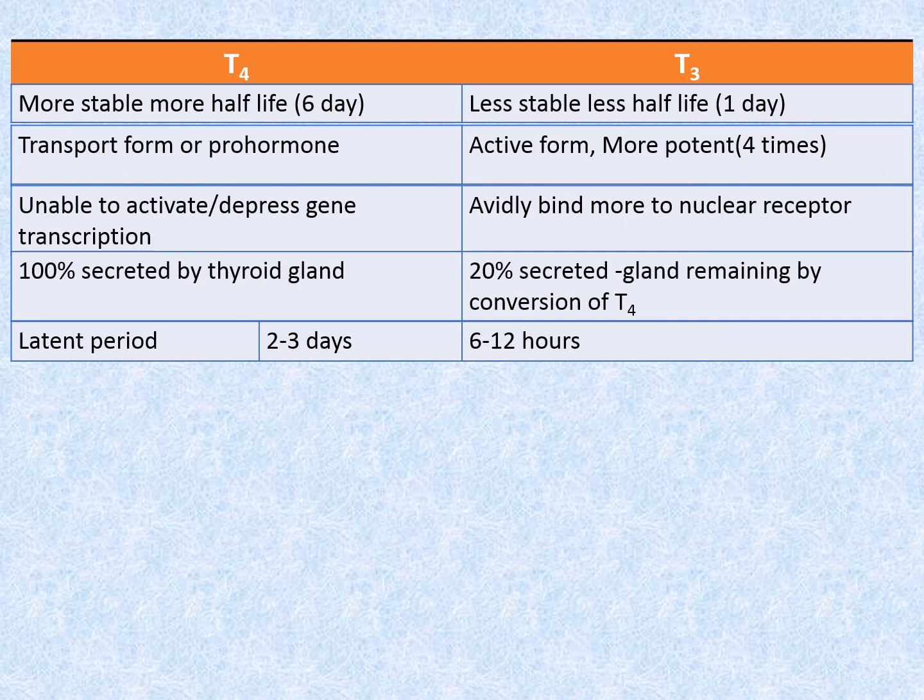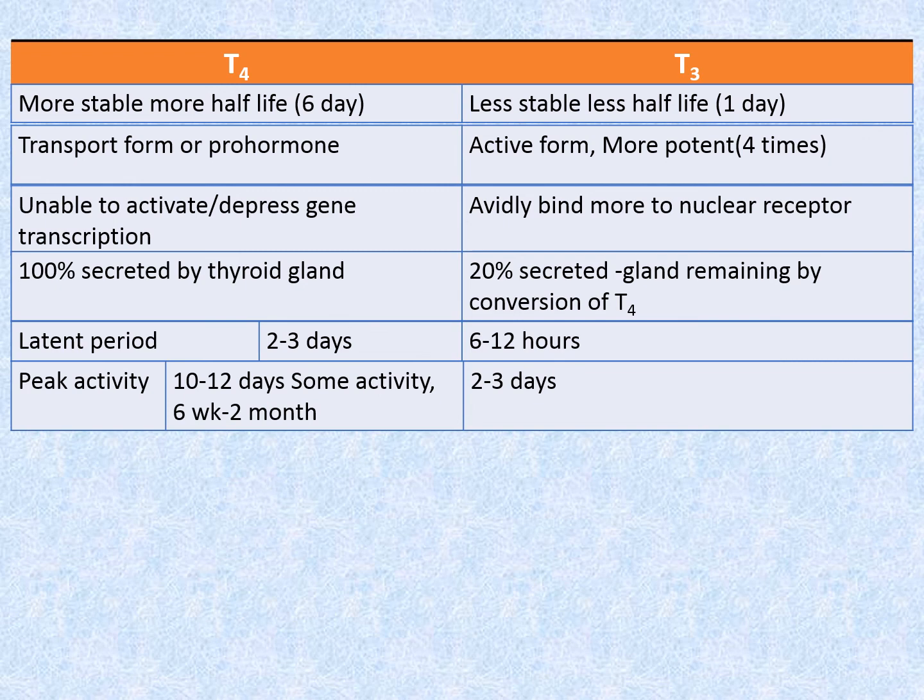So T3 is quick in action. Peak of activity for T4 takes around 10 to 12 days, but for some activities it requires 6 weeks to 2 months, while for T3 the peak of activity occurs within 2 to 3 days. So T3 is very quick in action, for the beginning as well as the peak of activity.